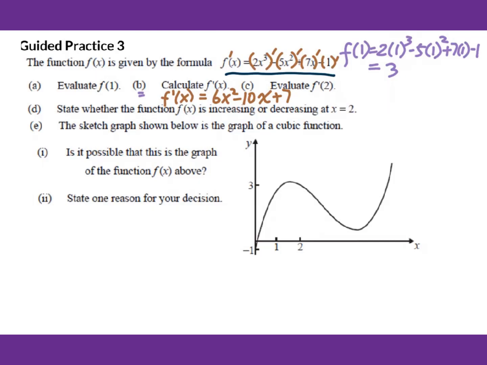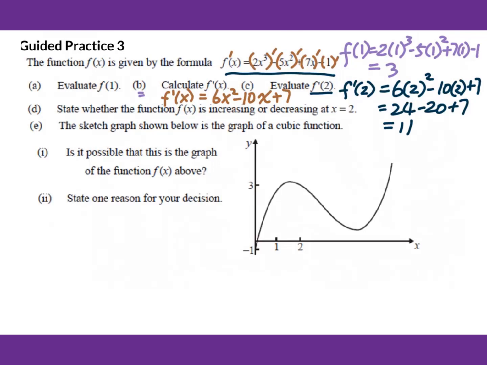Then we need to evaluate f prime of 2. We plug 2 into this derivative function. So we have 6 times 2 squared minus 10 times 2 plus 7, so we get 24 minus 20 plus 7 equals 11. You can use a graphing calculator to work this out.